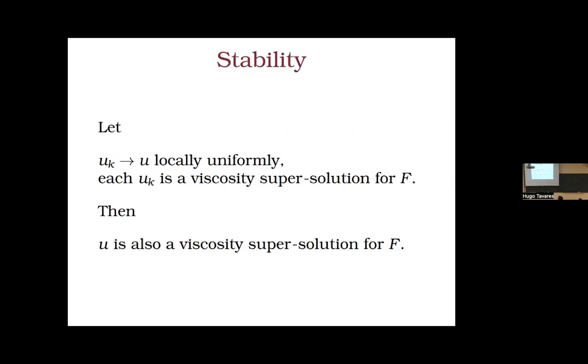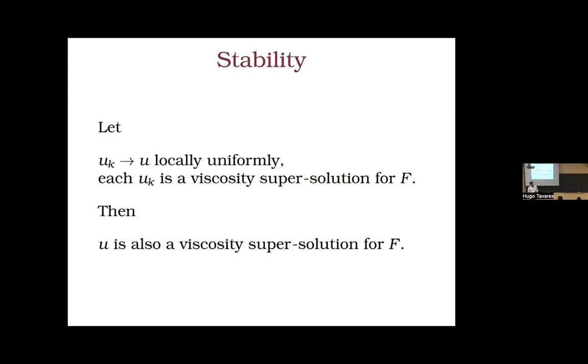So what about the stability is that now, instead of having to ask that your sequence of supersolutions converge in the C2 norm to a function U, in order to have that U inherit the inequality, the equation, you only need to ask local uniform convergence. Okay? So it gives you a quite flexible notion of solutions.